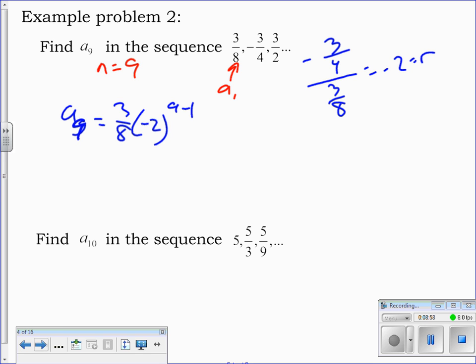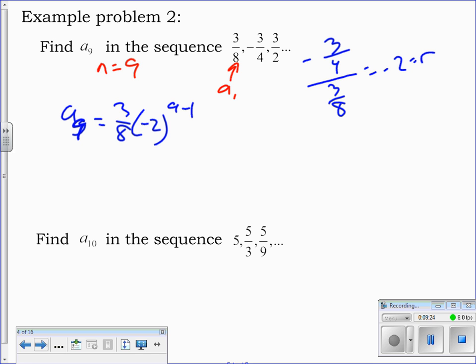When you're doing this on your calculator, do it very carefully. Make sure the power you're putting in is the correct number. There is a huge difference between 9 minus 1 and 9. You have to be careful how you're putting these in. What do I do first? Multiply by 3/8 or do the exponent? Do the exponent first. Make sure you're doing it correctly.